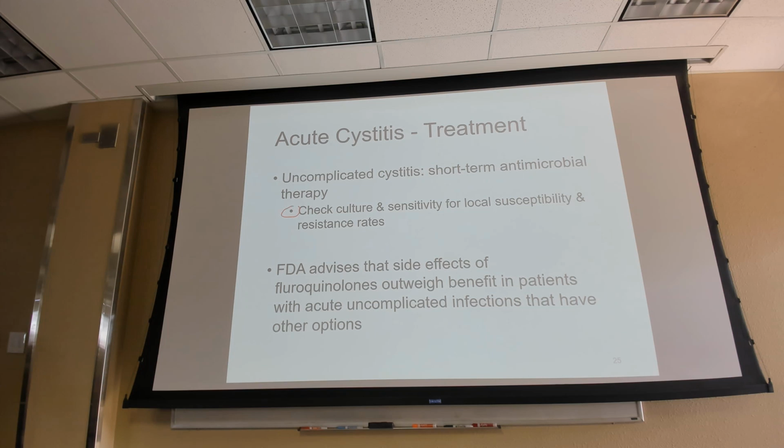Just because it's Macrobid here doesn't mean it's going to be Macrobid in Fort Carson or in Fort Belvoir and so on and so forth, all right? So just check your local resistance rates because, again, you want to do what's best for this patient. Right? We always think about our patients who we can pull back in and grab, no problem, because they're in our unit.